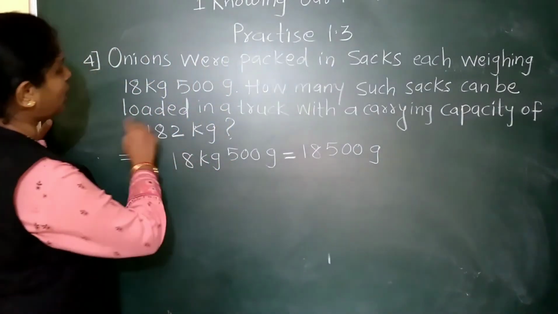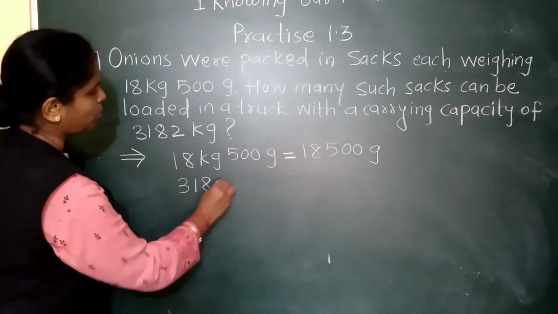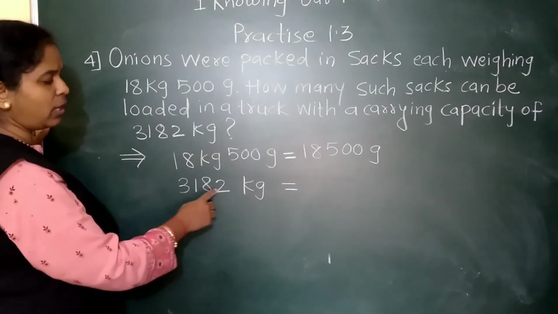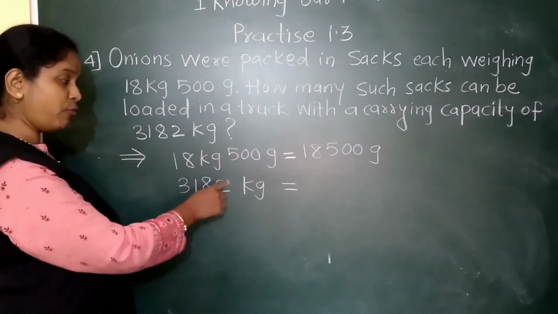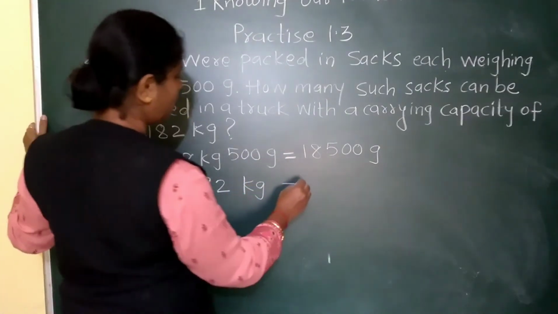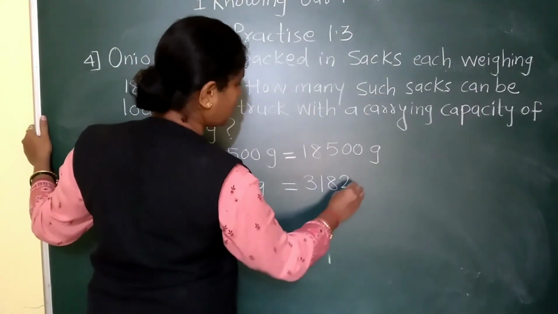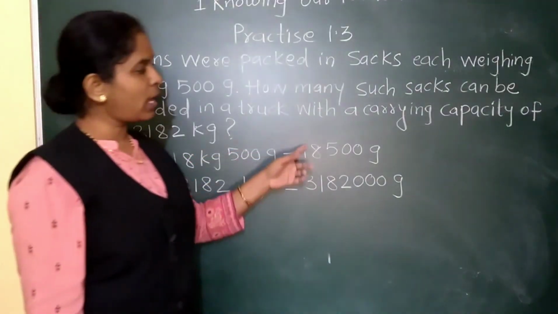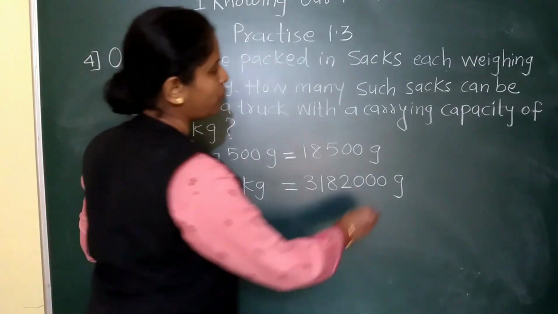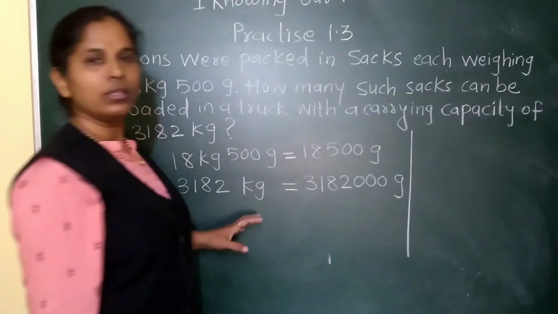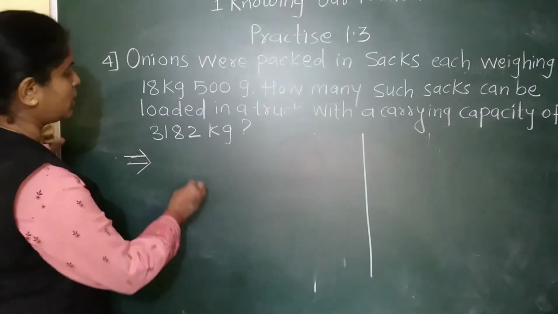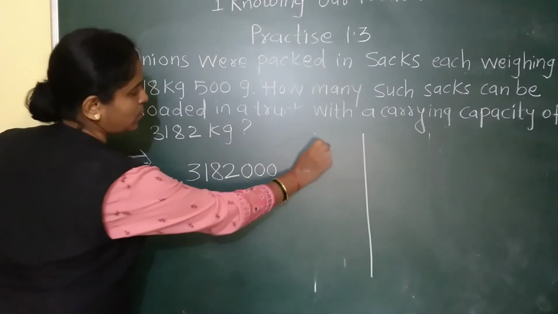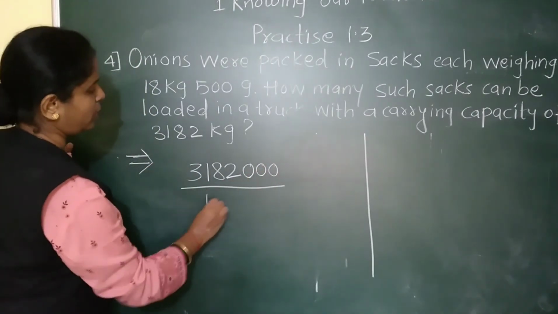And the capacity of the truck we will also convert into grams. Now 3182 kg, if we multiply this by 1000, we will get the answer in grams, that is these many grams. Now see, both are in the same units, so we can divide easily. So see here, these many grams divided by 18,500.